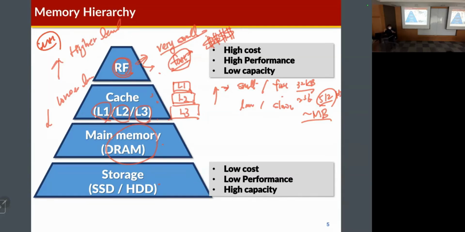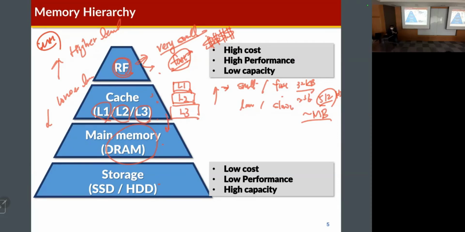Caches are managed by hardware, not software. The hardware automatically manages data in these cache memories. So we will learn why cache memories are required in the computer system.